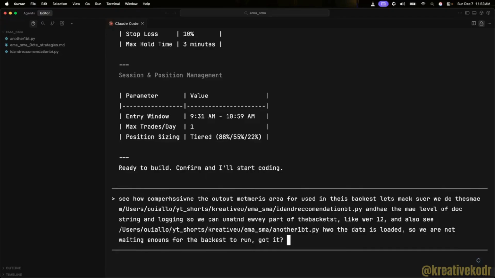Got it? Let's call this backtest cloud9bt.py, and proceed to create.